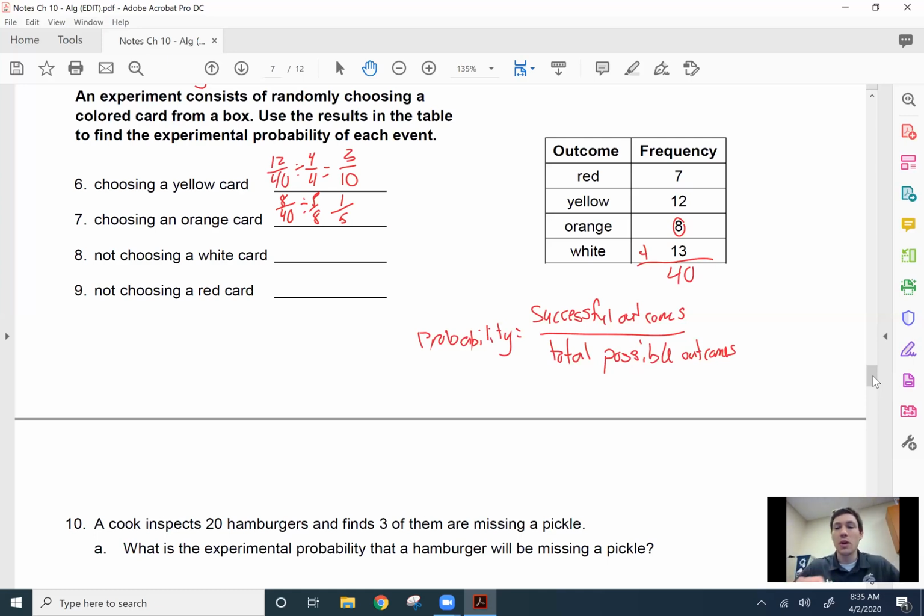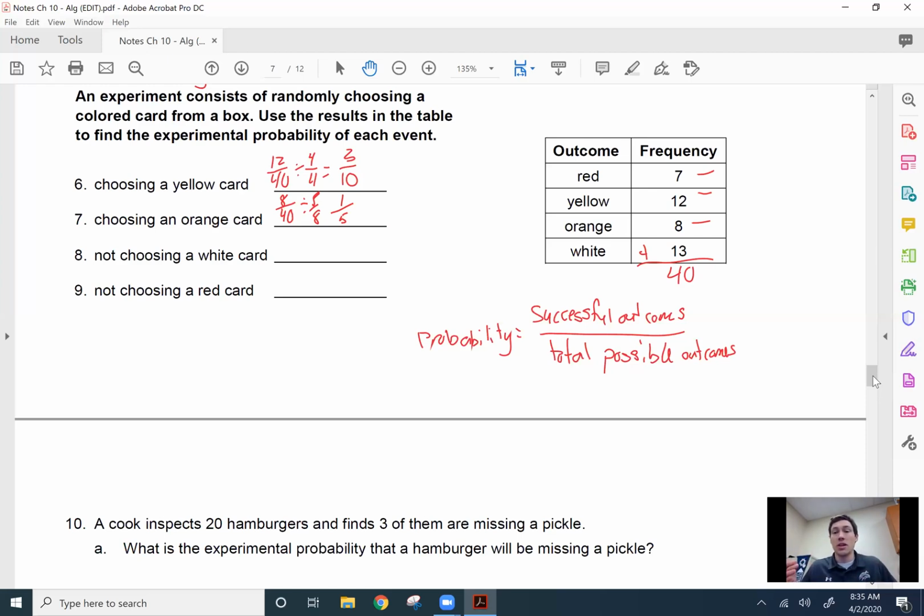Not choosing a white card. Now, this is where it gets a little trickier. What's it mean to not choose a white card? So is choosing a white card not choosing a white card? No. Is choosing an orange card not choosing a white card? Yes. What about choosing a yellow card? What about choosing a red card? So all of those together would be not choosing a white card.